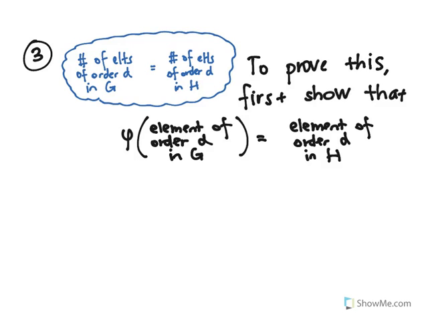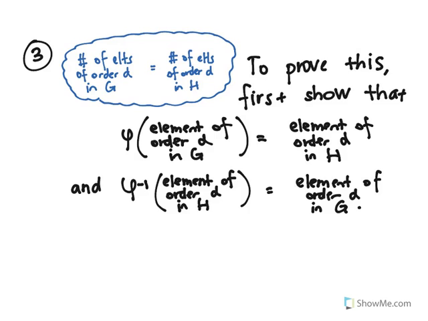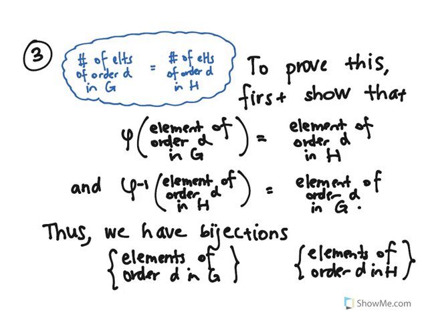First, you have to prove that if I do phi of some element of order d in the group G, the result will be an element of order d in the group H, and same thing for phi inverse. Phi inverse takes elements of order d in H and sends them back to elements of order d in the group G.